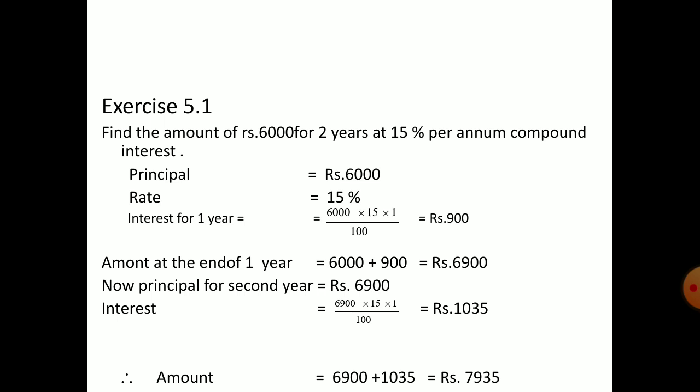Therefore, you will get 6,900 into 15 into 1 upon 100 is equal to rupees 1035. Therefore, the amount at the end of second year is equal to 6,900 plus 1035. That is equal to rupees 7,935. It's clear to everybody now?